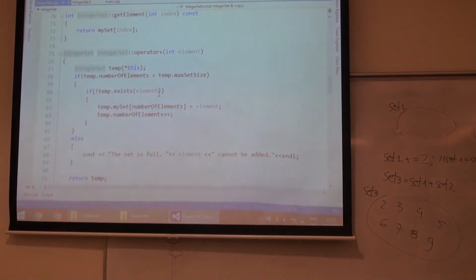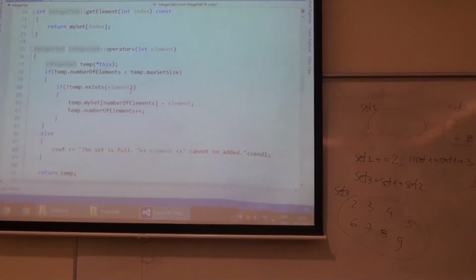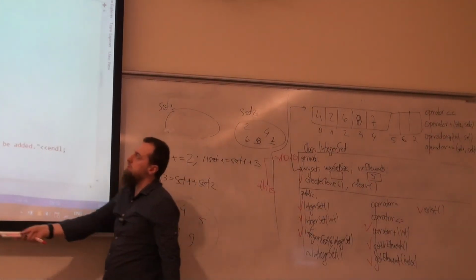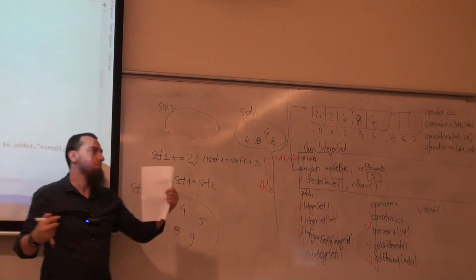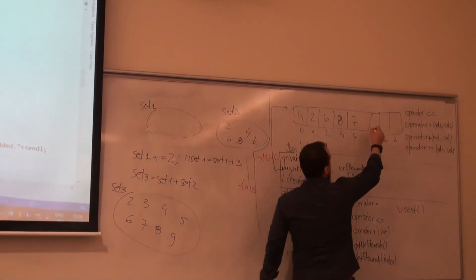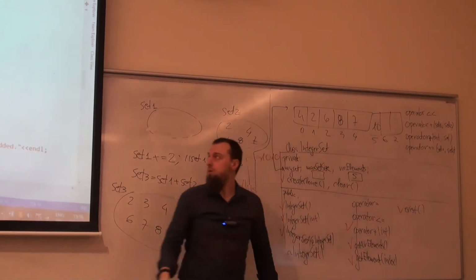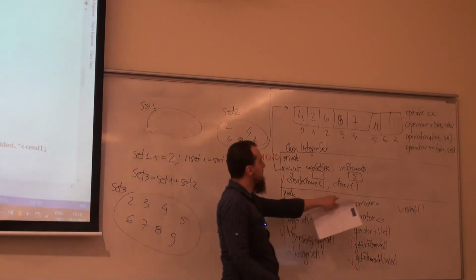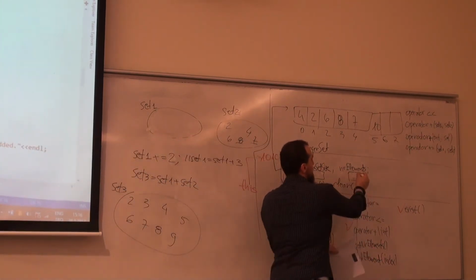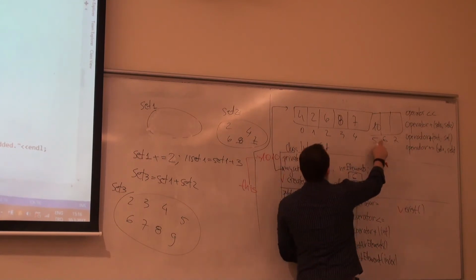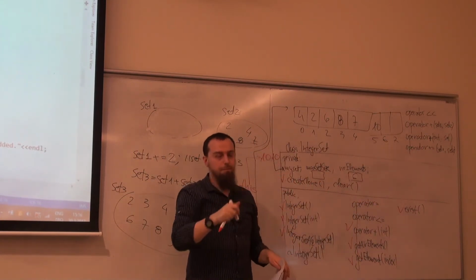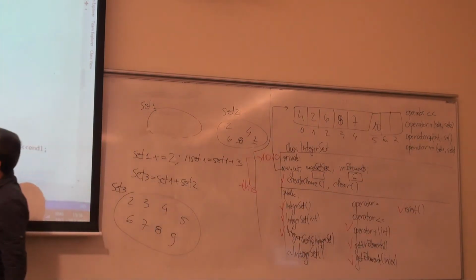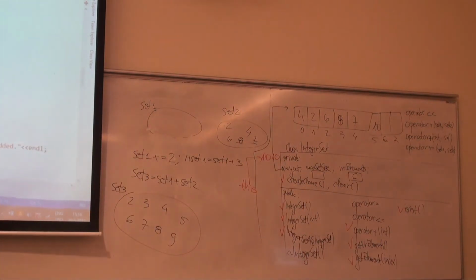So I put it at index 5. Let's say the variable that I took as a parameter, this element, is 10. So I put 10 here. And then what? I increment the number of elements. From 5, it's pointing to 6. Meaning I have 6 elements. Okay? And finally, of course, if I don't have place, I print this stuff.